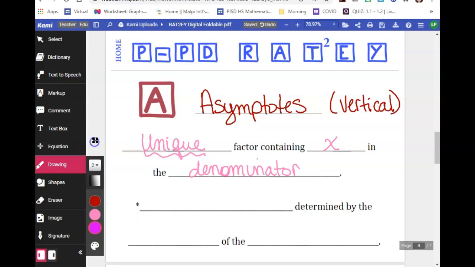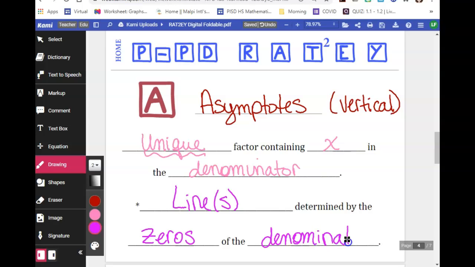And asymptotes are lines, a line or lines, determined by the zeros of the denominator. So the zeros of the numerator gives us our roots. The zeros of the denominator gives us our vertical asymptotes, just vertical asymptotes. Okay.